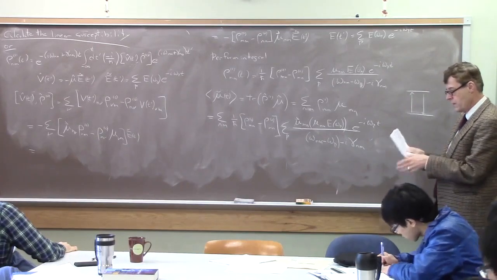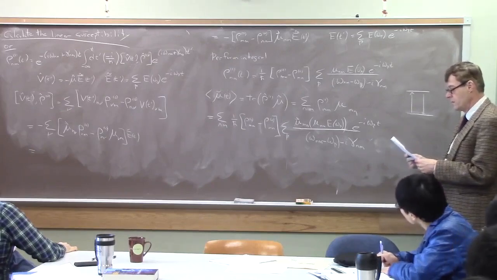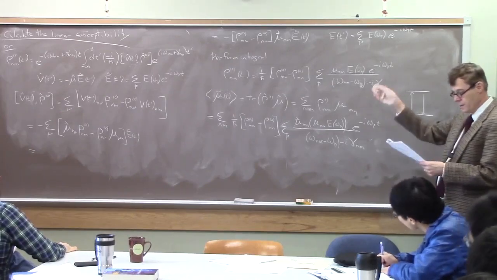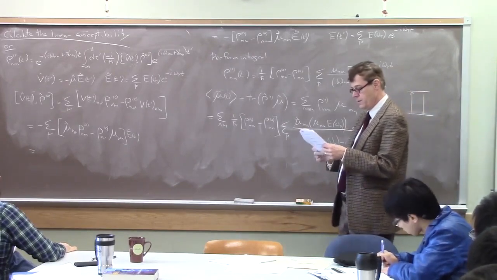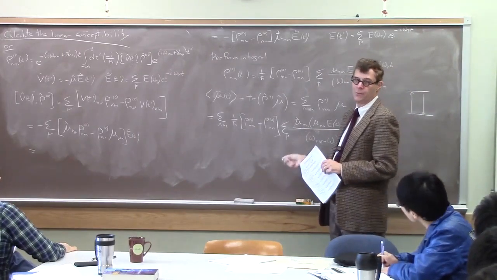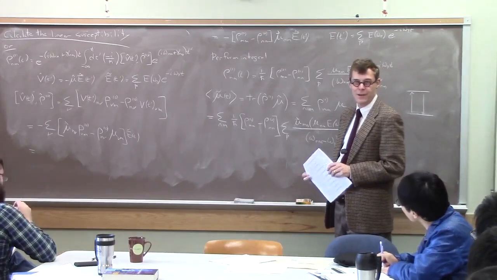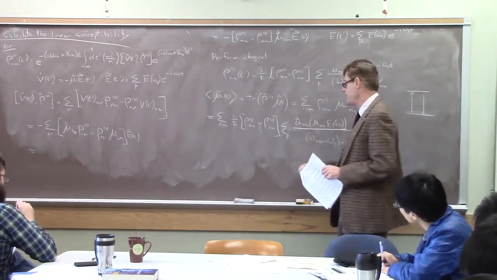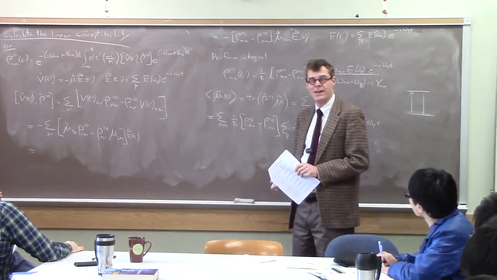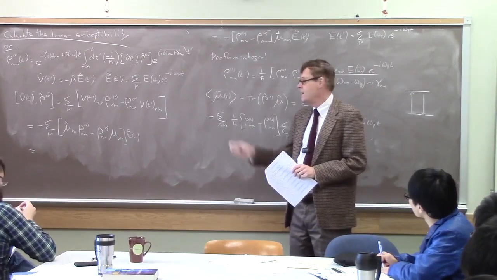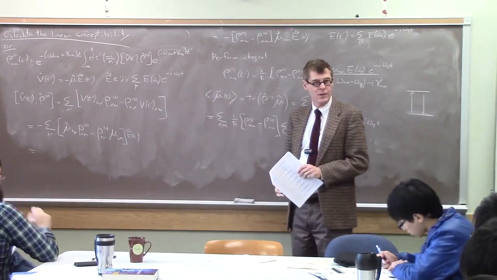Okay, so now there's some bookkeeping involved to turn this into a susceptibility. Let's not go through the bookkeeping. We did this last Friday. You say, now I will multiply by the number of atoms per unit volume. I will decompose this into its Fourier components.